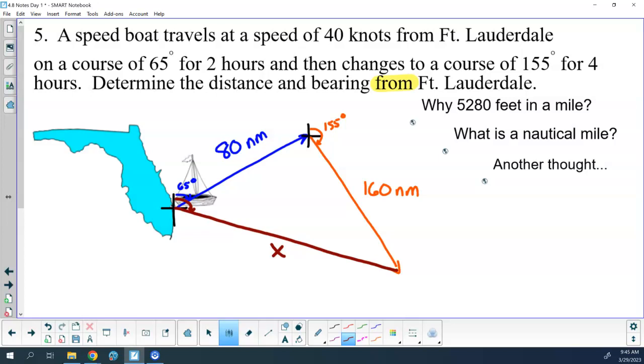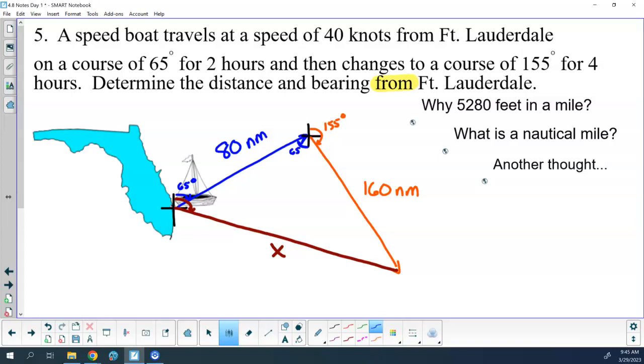Okay? Well, we know some things. We know the fact that the crosshairs are all parallel, right? The horizontals and the verticals are all parallel on our crosshairs. So if this is 65 degrees, then this angle here would also be 65 degrees.